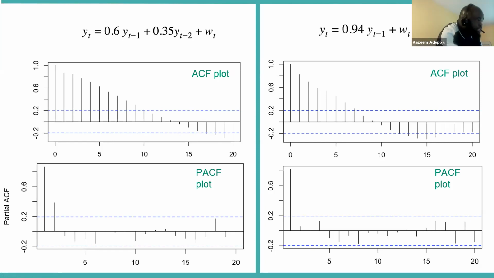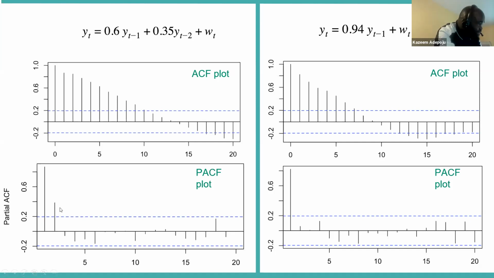But let me tell you this. If you see these two plots, you may not be able to identify which model the plot belongs to until you study the PACF. The PACF can tell me whether it's going to be AR1 or AR2 or whatever.